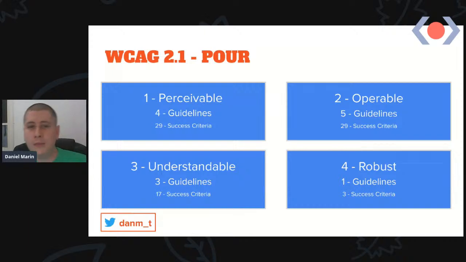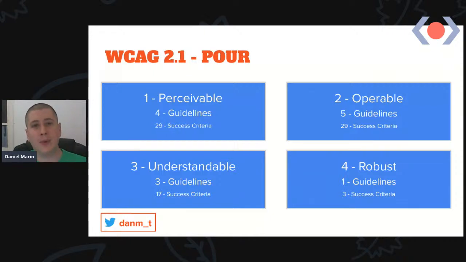So let's talk a little bit about WCAG. I call it WCAG because in Spanish that's how we pronounce it, but you can call it however you think best. Basically, the standard is divided into four principles: perceivable, operable, understandable, and robust.